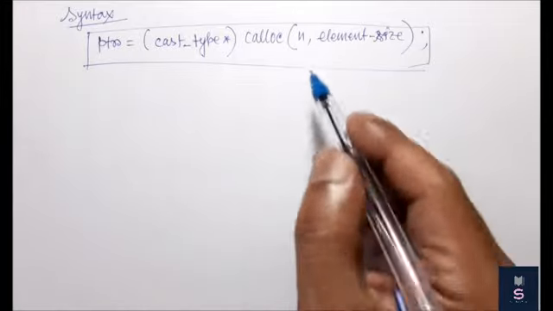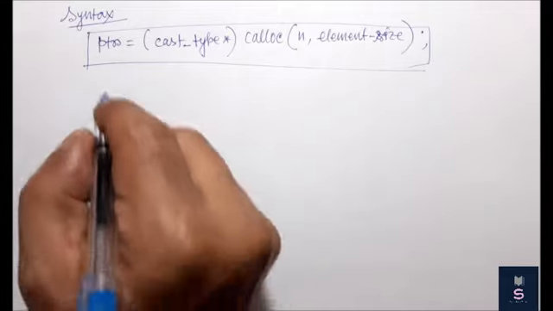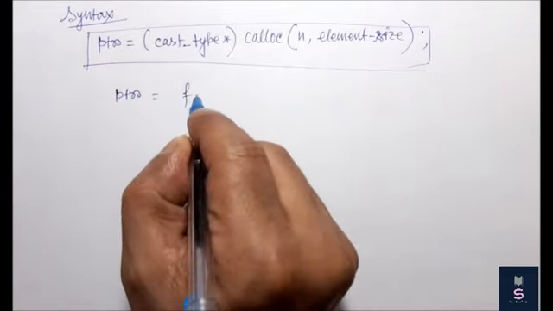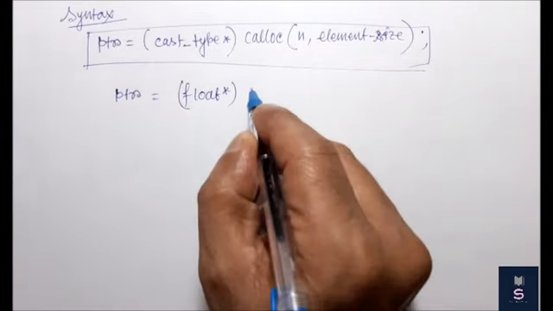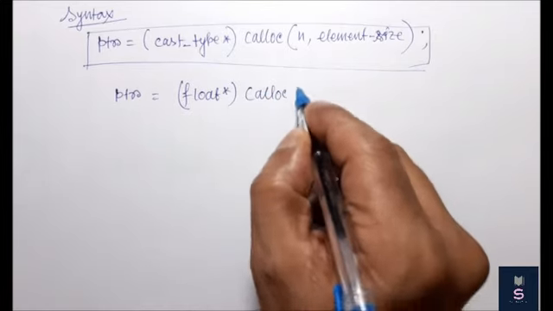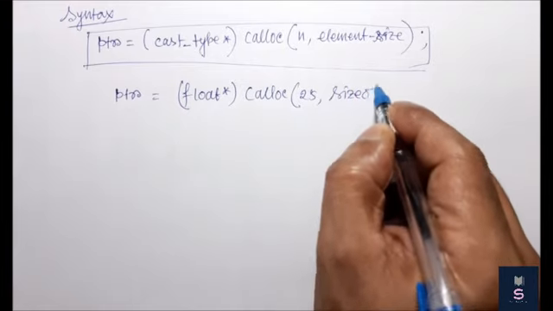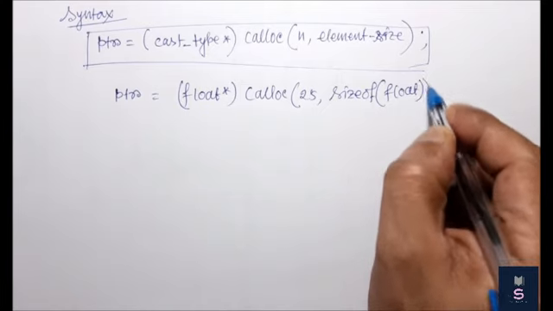Here we have used n comma element size. Please concentrate on that point. Let me take an example so that you can understand it clearly. For example, ptr = (float *) calloc(25, sizeof(float)).